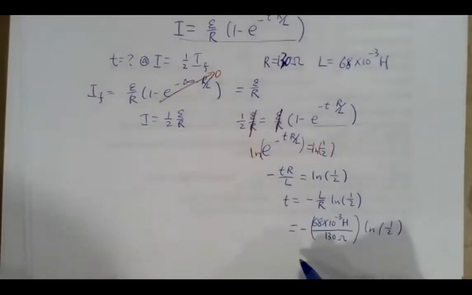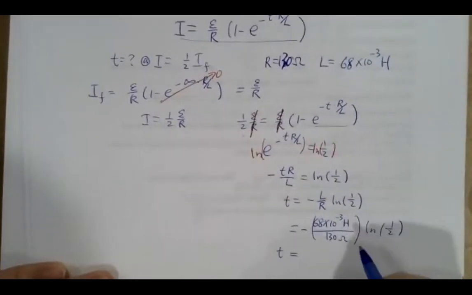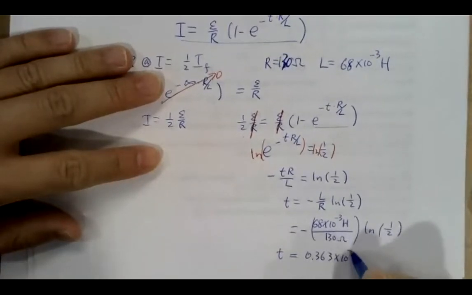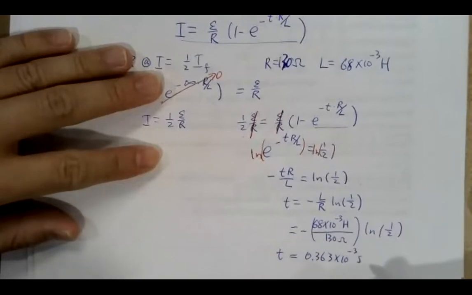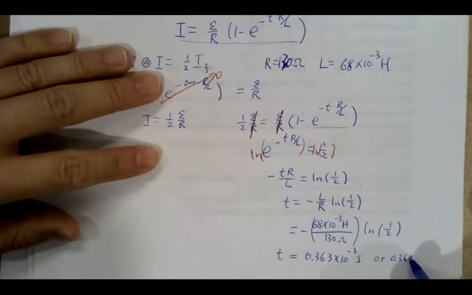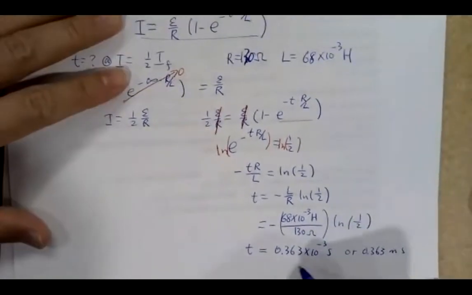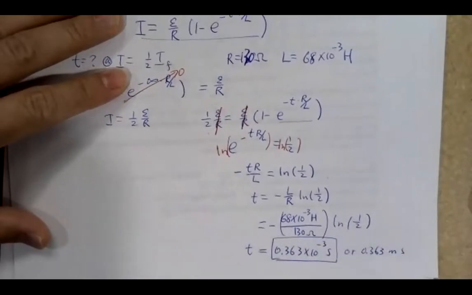So then it becomes t equals 0.363 times 10 to the minus 3 seconds. Okay. Or you can say 0.363 milliseconds.